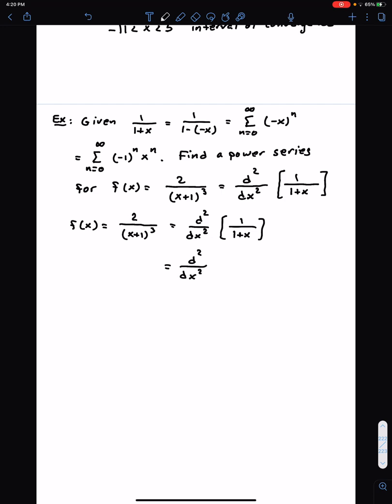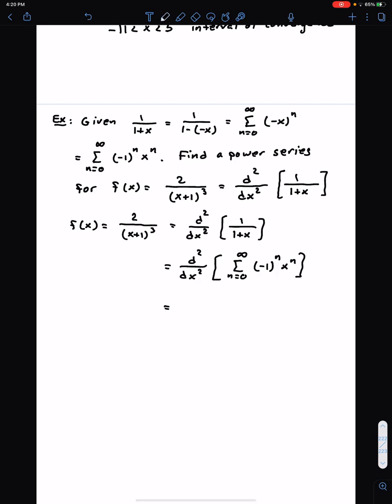Which is the second derivative of the series from 0 to infinity of negative 1 to the n, x to the n. Now, negative 1 to the n is a constant multiple. If I differentiate x to the n, I have nx to the n minus 1. If I differentiate that again, I have n times n minus 1, x to the n minus 2.